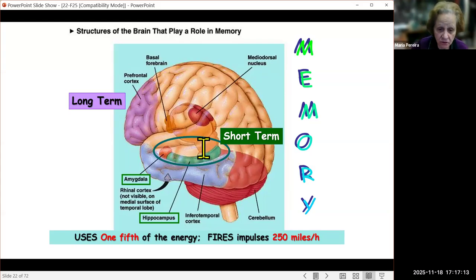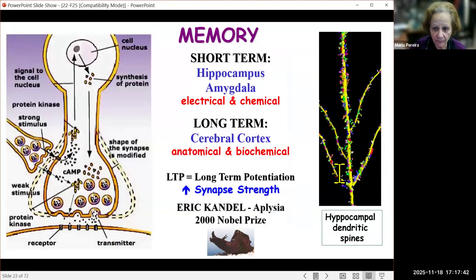So some patients with Alzheimer's can remember, of course, all this depends on the level, right? They can remember songs that they sang when they were children, but they won't remember something that happened yesterday. So the first thing to go is the short-term memory. The long-term memory resides for longer because of the strength of the synapses that are made.